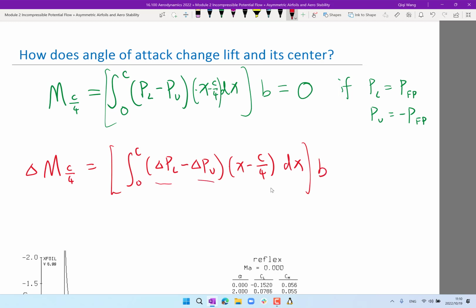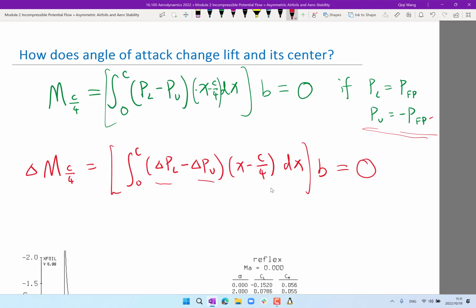And the delta in the pressure, according to thin airfoil theory, is exactly equal to the changing angle of attack times the flat plate solution. So that integral would be equal to 0 no matter what the airfoil shape is.